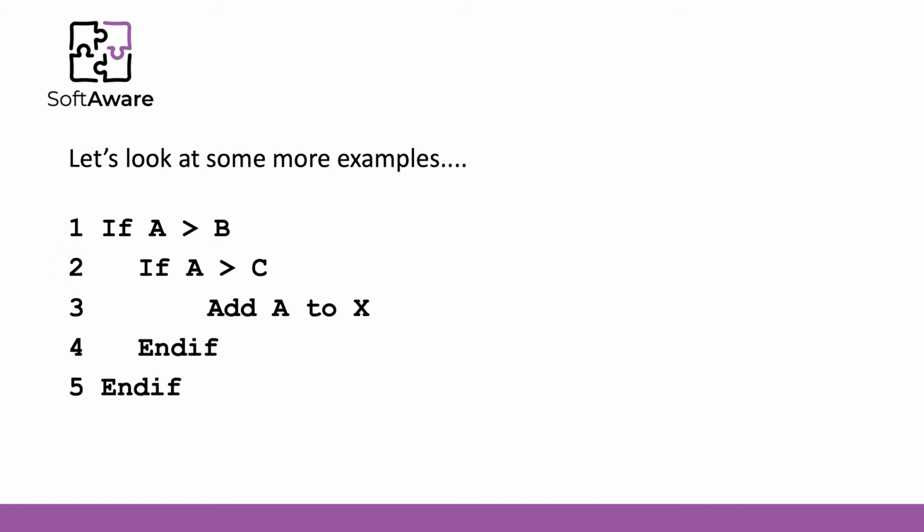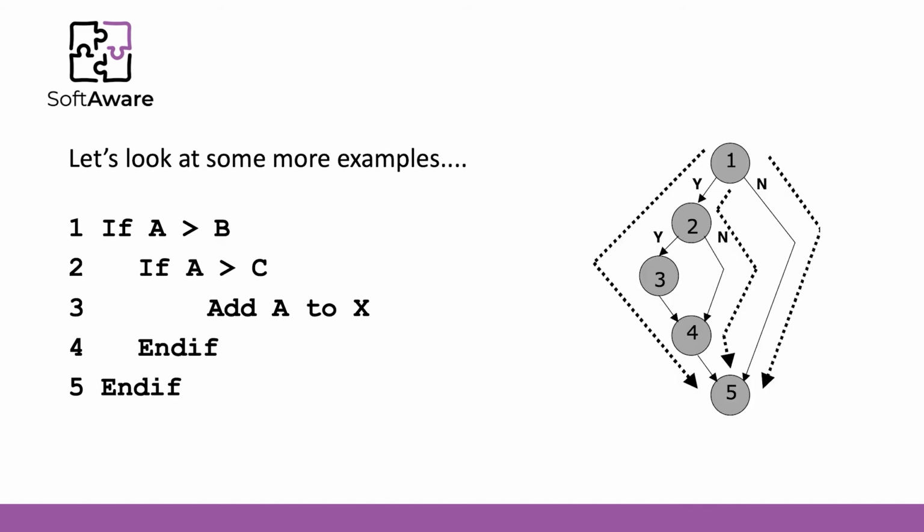If I represent the lines of code visually, I get a diagram that is similar to this one. If I'm trying to achieve 100% statement coverage, I only need one test case because line number 3 is achieved if I exercise test case number 1, and I'm addressing 100% statement coverage.